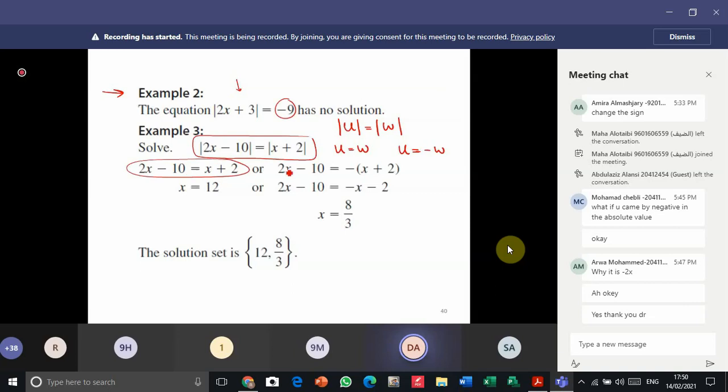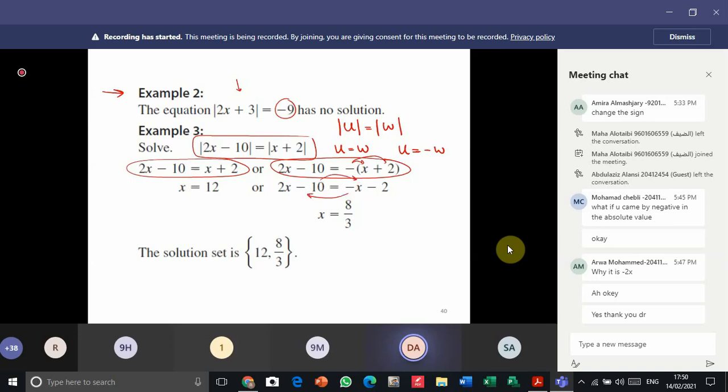The same one, 2x minus 10 equal negative, in brackets, it must be in brackets. We have negative for what? Not for x, not for 2, for x plus 2. Now put the negative inside the brackets. So we have negative x, negative 2. Move the negative 10.